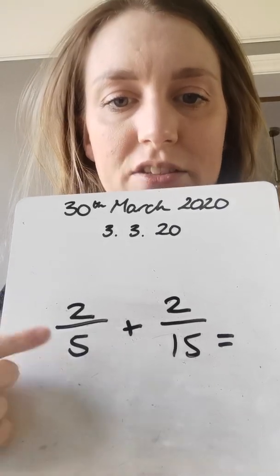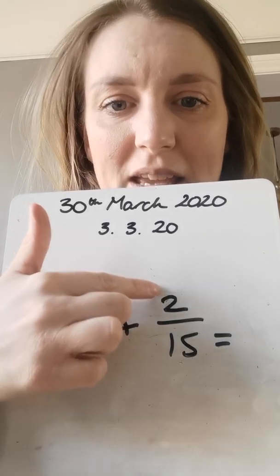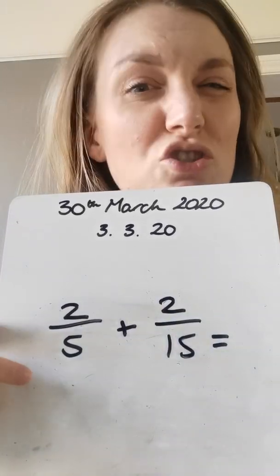So I want fifths to turn into 15ths, or 15ths to turn into fifths, but I've got to be careful because I've only got 2 on the top here, so I'm going to try this one. If I want to transform my fifths into 15ths, think carefully. What have I done to 5 to turn it into 15? 5, 10, 15. I've multiplied it by 3.